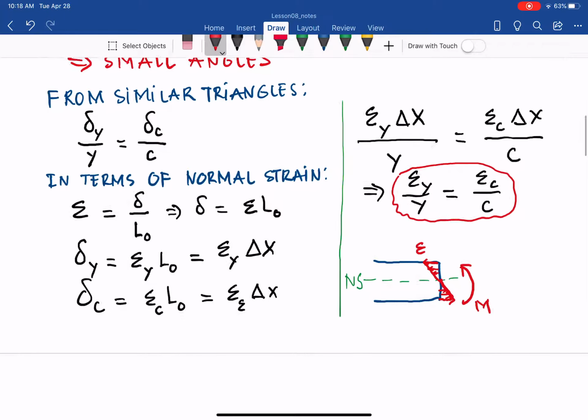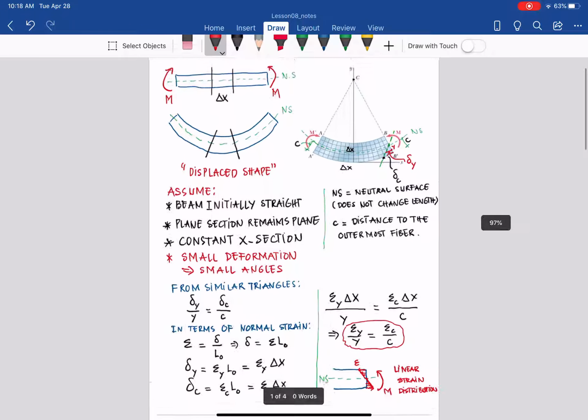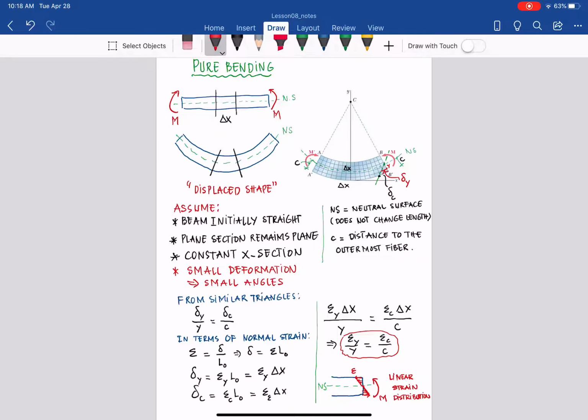In this case, as you can see, it contracts on the top and extends in length at the bottom with that moment, and the normal strain is distributed linearly throughout the cross section. So let me write down here: linear strain distribution. So it's a straight line, right? Strain distribution. So that's the first thing we learned for pure bending. Next we will discuss the normal stress.